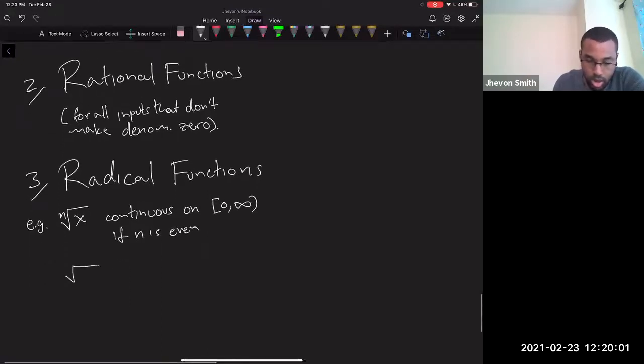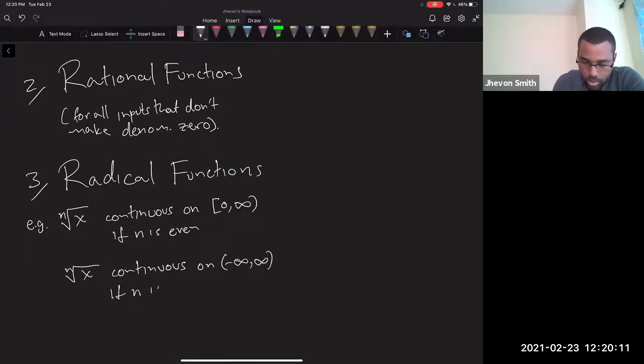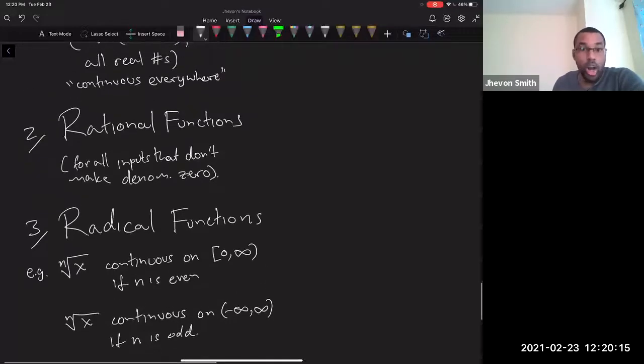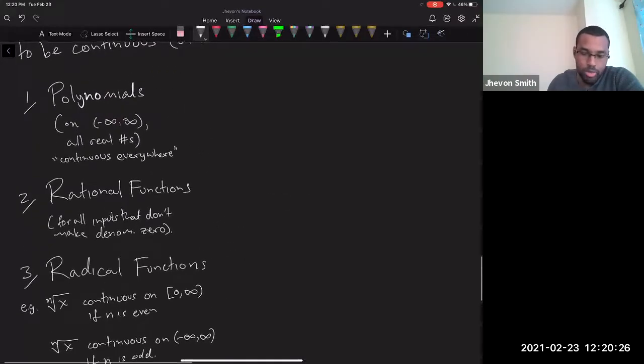It's continuous on all real numbers if n is odd. As long as you're on one of these sets, you know you're automatically continuous there. You don't have to prove that the limits match up. We can all assume that. So that's the third type of continuous function.